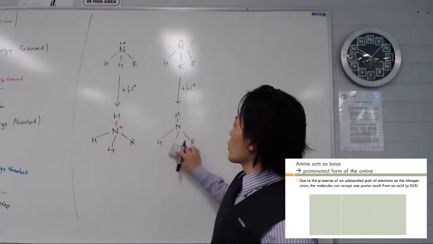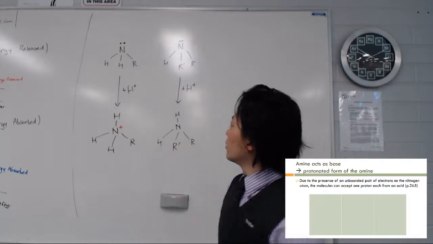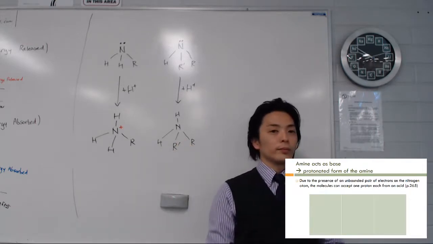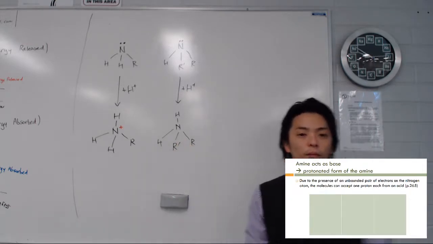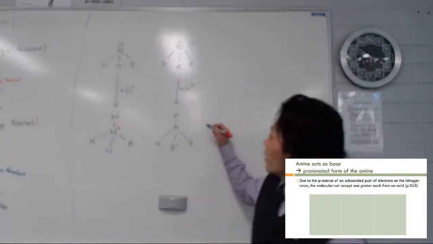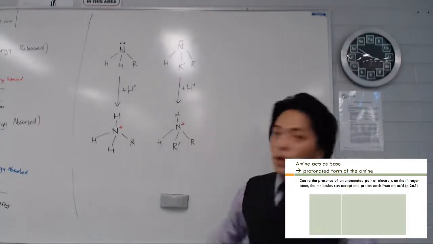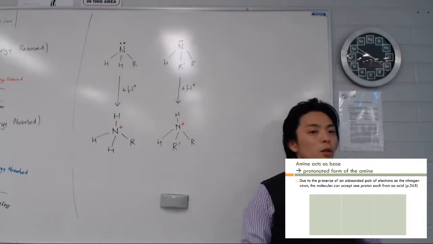This is supposed to be R dash. Very similarly, nitrogen is the one that's positively charged.